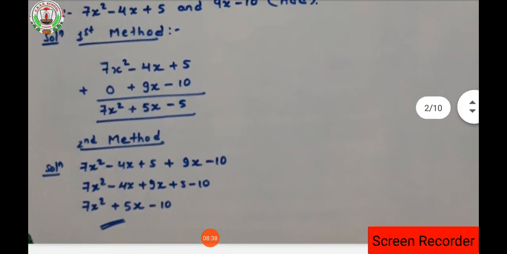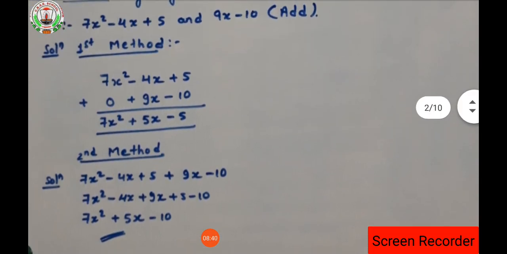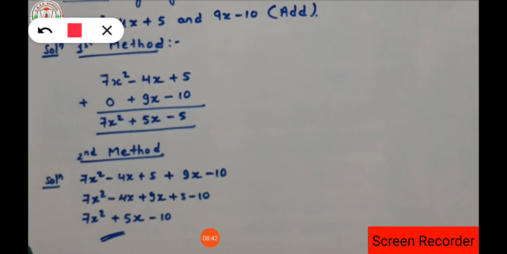In the same way, the second method is said to be the simple method. In this, in place of 'and', we are going to put the plus sign. So we have the first expression as 7x square minus 4x plus 5, and the second one is 'and' 9x minus 10.